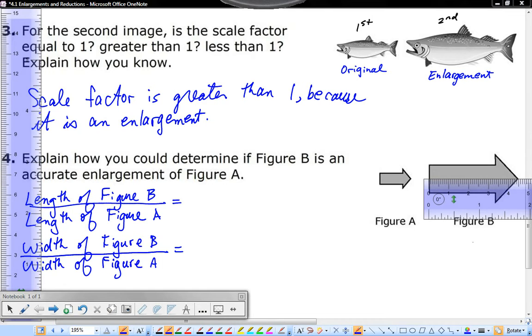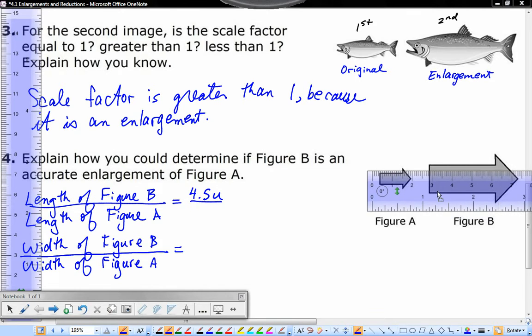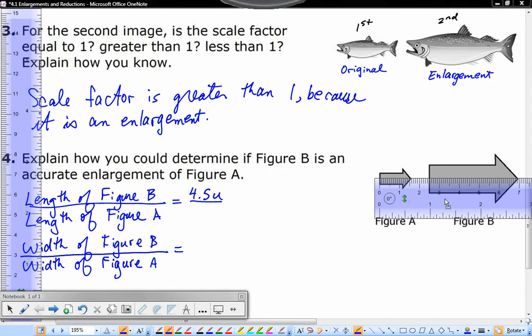Okay, so we have here a length of 4.5 units. I don't know if these are centimeters or what. I guess it depends on how big a screen you're looking at here. But let's say this is 4.5 units, and let's compare that with the length of figure A, which is about 1.6.